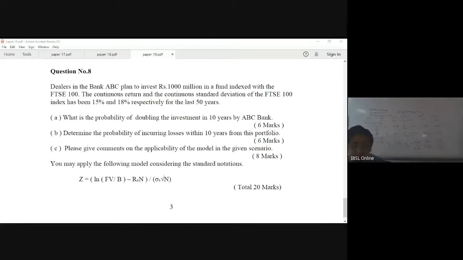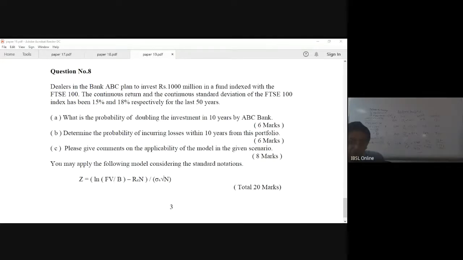Here the requirement is to get the probability of having a loss. When you get the value for minus 2.64, it comes as 0.0041. Not 44, sorry, for 2.64 it is 0.0041.